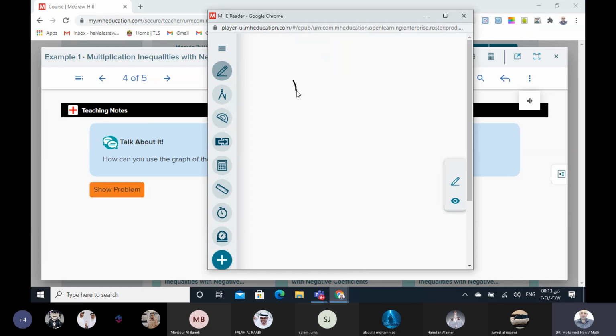If we have 10 greater than 7, and I multiply the two sides by negative 2, negative 2 times 10 will be minus 10, and negative 2 times 7 will be minus 14.